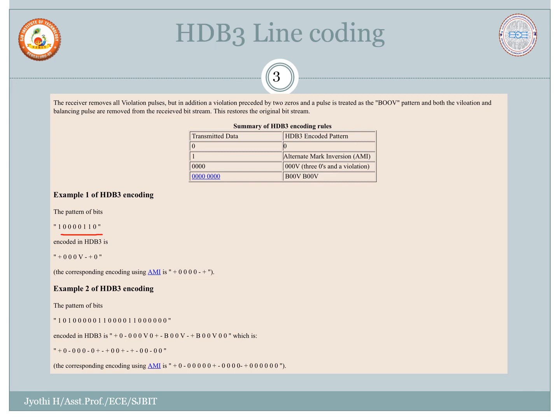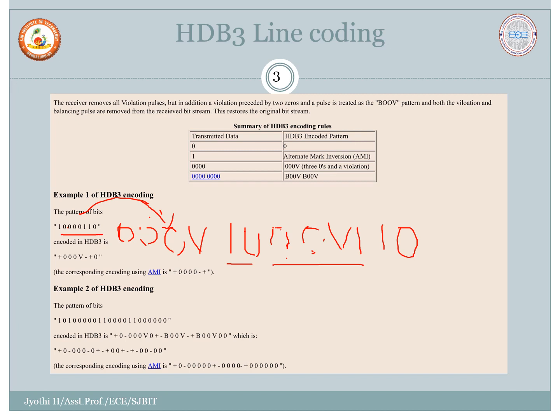Here in the 4 zero place, I can write 0 0 0 V. Now 00V is going to substitute in place of the 4 zeros. So now the code is 1 0 0 0 V 1 1 0.